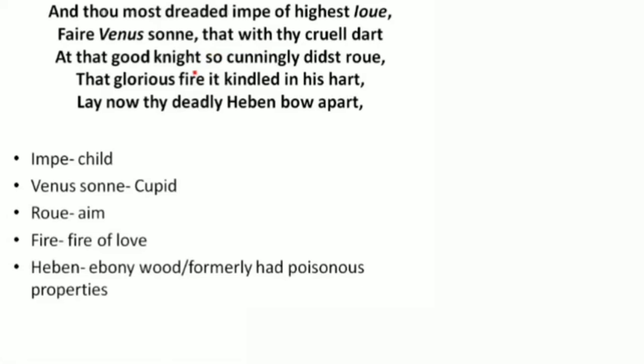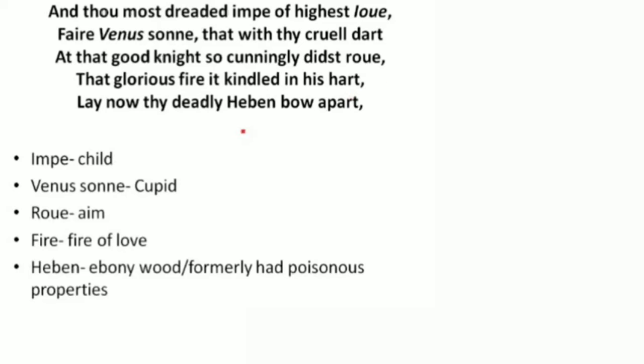With thy cruel dart, that he with his cruel arrow at that good knight so cunningly didst rove, that he hit him so cruelly that glorious fire it kindled in his heart. It did not actually hit the person. It is believed that he fell in love, because since that arrow hit him, he fell in love. Lay now thy deadly Heben bow apart.